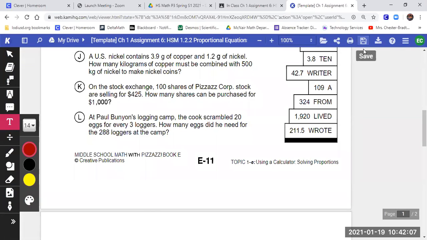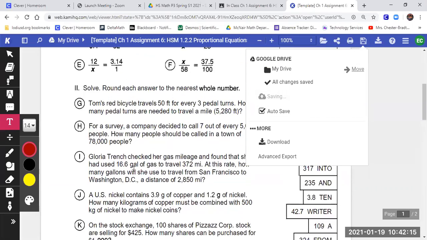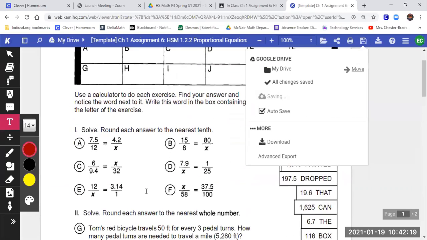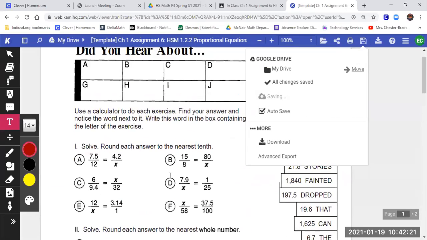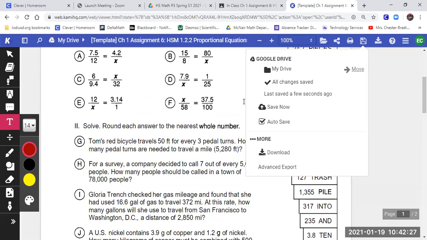The work is going to be done on the blank page for all the problems. I will solve A, and I will solve G, so you will have those done for free, so you can use them to model the other ones.